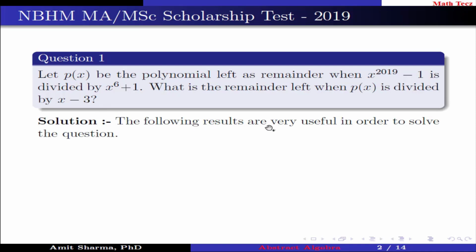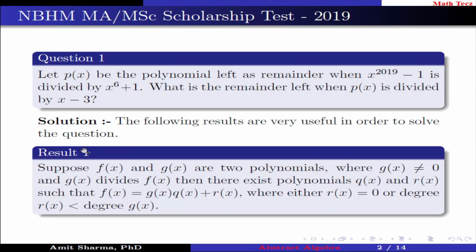The following results are very useful in order to solve the question. Result number 1. Suppose f(x) and g(x) are two polynomials where g(x) is not equal to 0 and g(x) divides f(x), then there exist polynomials q(x) and r(x) such that f(x) can be written as g(x) times q(x) plus r(x), where either r(x) equals 0 or degree of r(x) is less than degree of g(x).